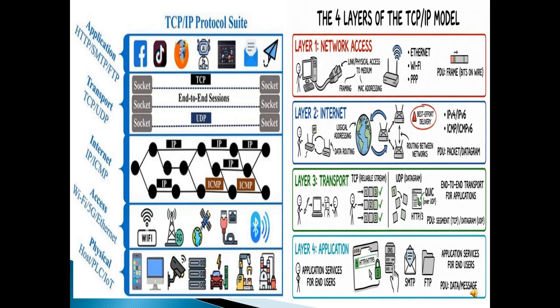That means what are the things done in the specified levels of the TCP/IP protocol, and about the four layers of the TCP/IP model, what are the things and how they work. You can see it in this image. So just go ahead and pause the video here as well and read the things.